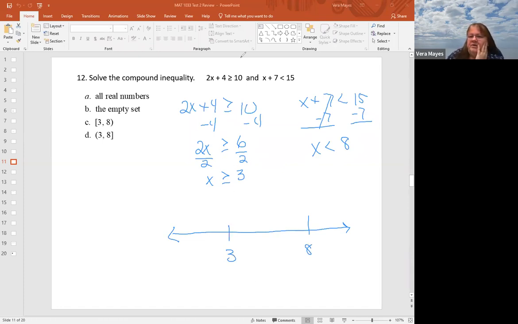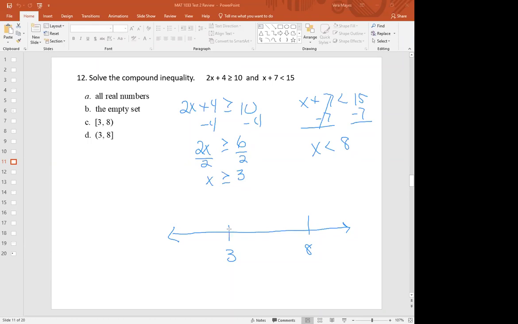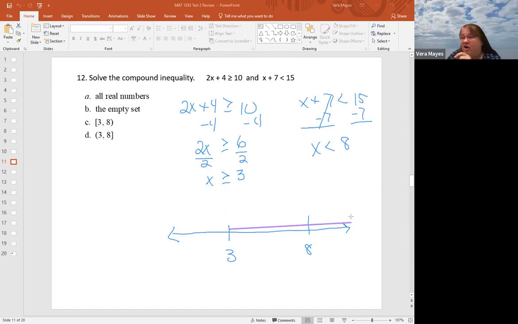Okay, so let me get a different color here. All right, so this says x is greater than or equal to 3. Greater goes which way? Left or right? Right. At the end of greater is an R, so you're going to go to the right.